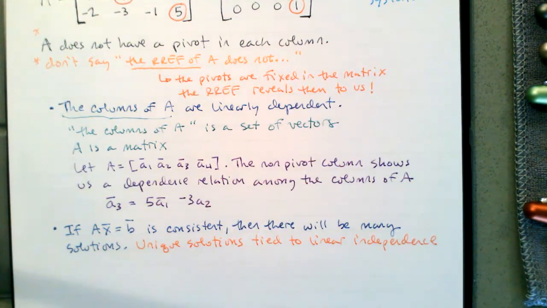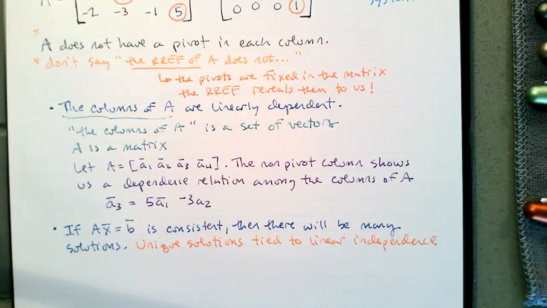If we have linearly independent vectors, then if we have solutions, we'll get one solution. If the columns of our matrix are linearly dependent, then if the equation is consistent, we will have many solutions. Linear independence leads to unique solutions.